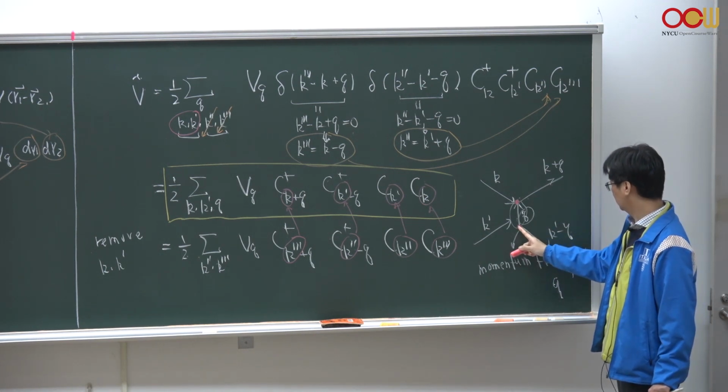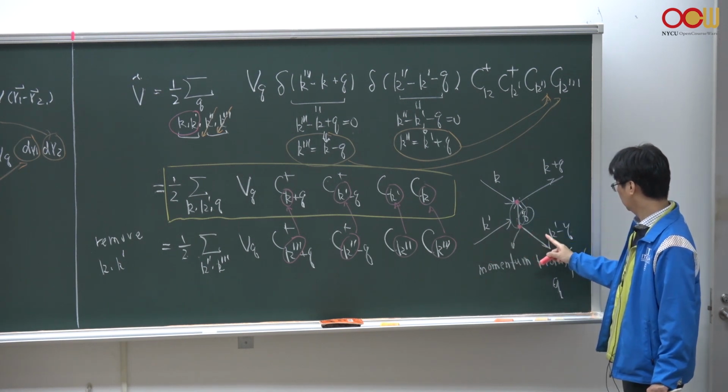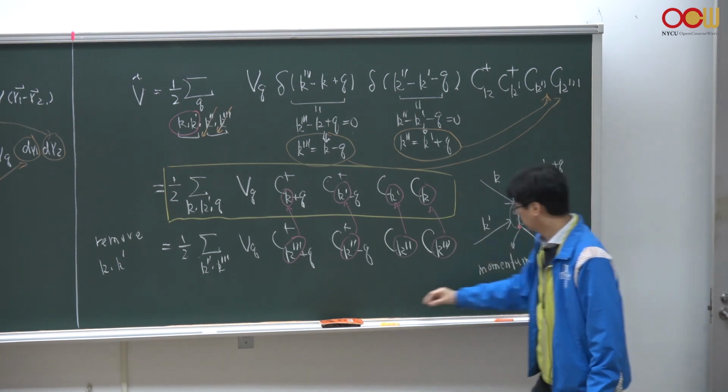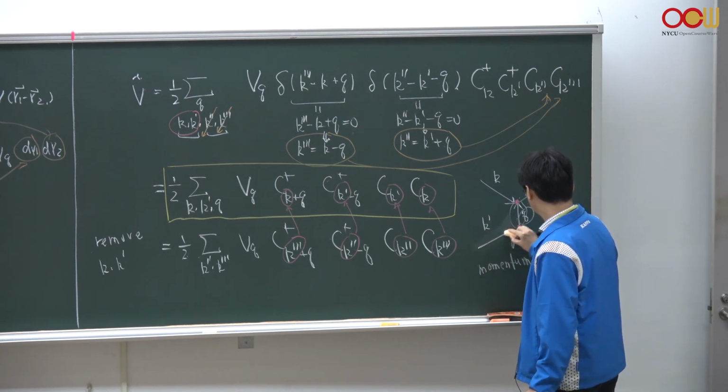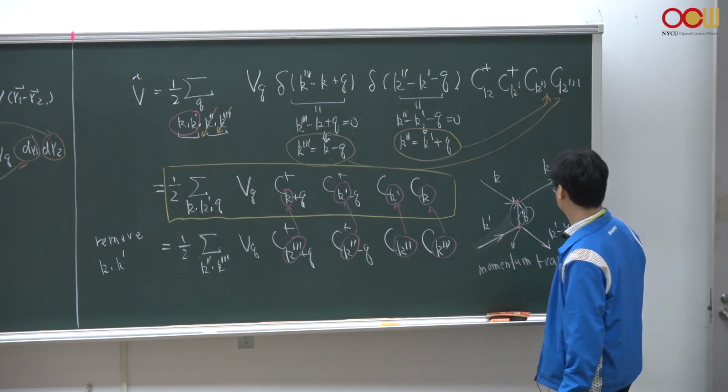And if there's a momentum given away from this k prime, the resulting momentum should be k prime minus q. So let me just draw it in a cleaner way. So this is k prime.